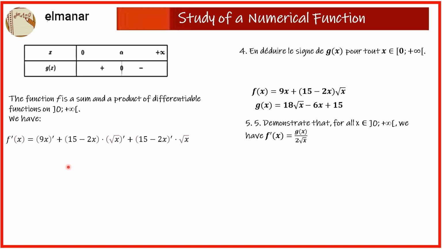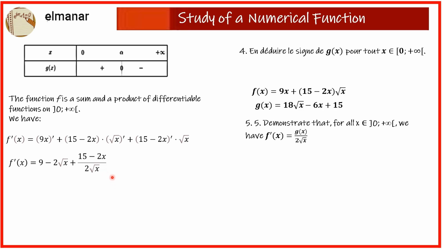Theoretical recap: the derivative of a sum is the sum of the derivatives. The derivative of a product u times v is u prime times v plus u times v prime. The derivative of the square root of a function u of x is u prime divided by 2 times the square root of u.